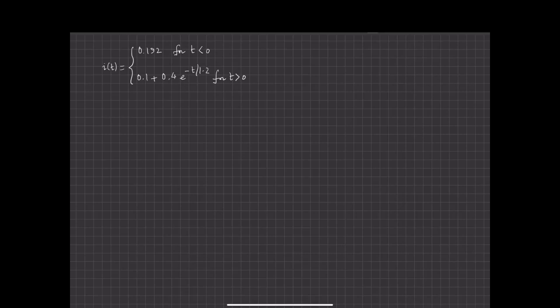Before I write it so that it's valid for all time, let me plot the function for you. Let's plot this function, and then we'll rewrite this in a more fanciful way.